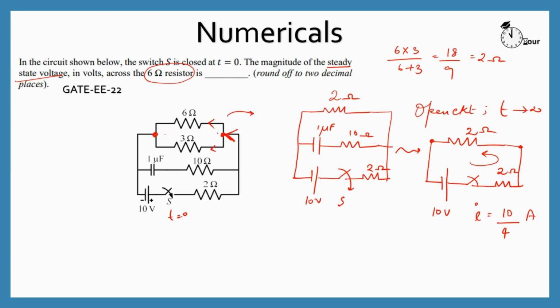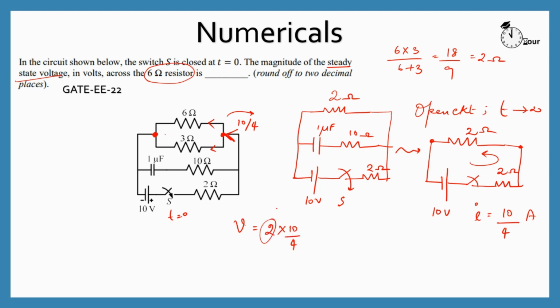In either case, we don't need to compute the current flowing through the 6 ohms because the voltage drop across this entire parallel combination is going to be the same. So, since we know the current entering this parallel combination is 10 by 4, we can just find out the voltage drop across it as V is equal to 2 into 10 by 4.